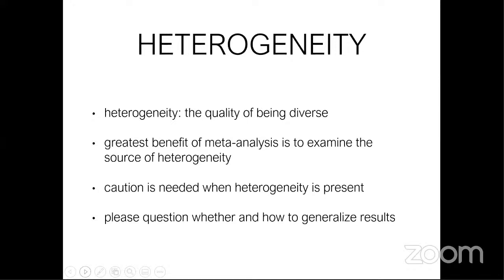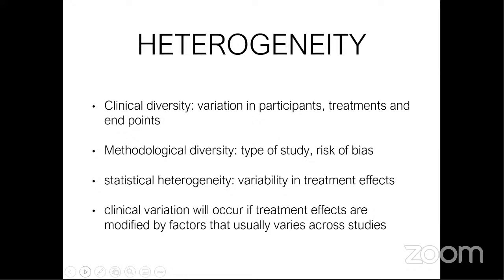So what is heterogeneity? Heterogeneity is the quality of being diverse. That's the greatest benefit of meta-analysis: to examine the source of heterogeneity. Caution is needed when it is present, and question whether and how to generalize results.